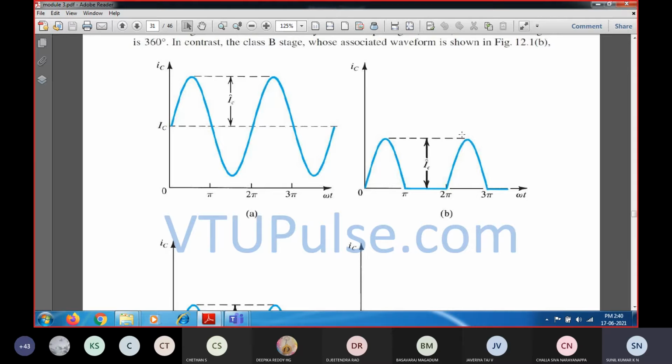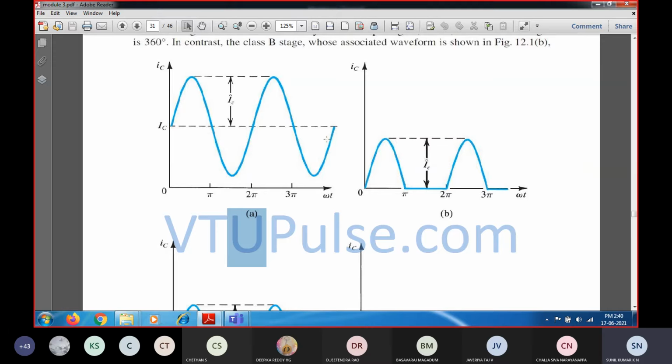The class A amplifier is shown here. For a given sinusoidal input signal, one full cycle of the input signal has been given. Figure A corresponds to the output of the class A amplifier.